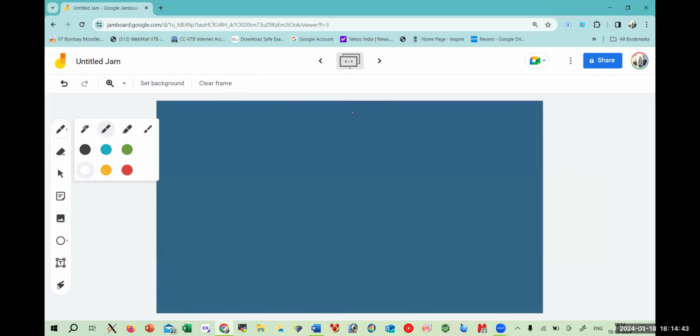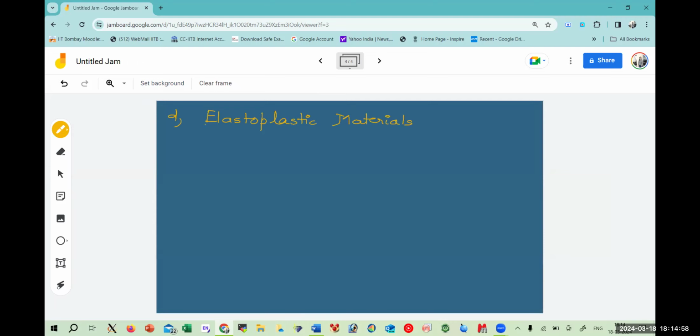Now today what we are going to talk about is the fourth type, elastoplastic material, which is also known as thermoplastic elastomer. From the name itself, there are certain features that we want to highlight.